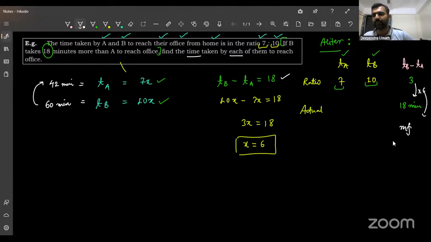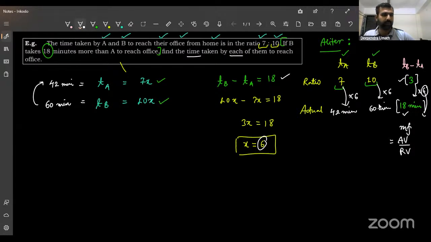Multiplying factor means the actual value is divided by its corresponding ratio value. So the actual value was 18, its corresponding ratio value was 3. So 18 by 3 gave you 6. Now this 6 is that multiplying factor. Now I hope you remember 7 into 6 gives you 42 minutes here for A, and 10 into 6 gives you 60 minutes for B.